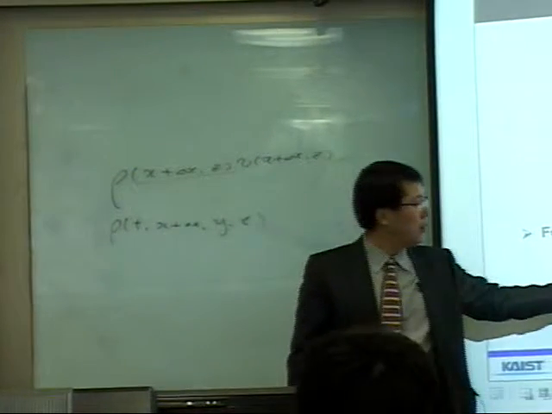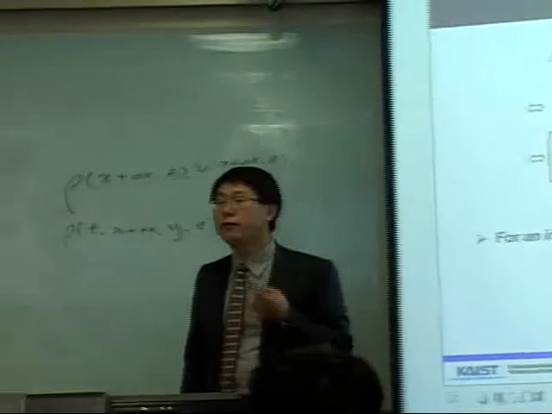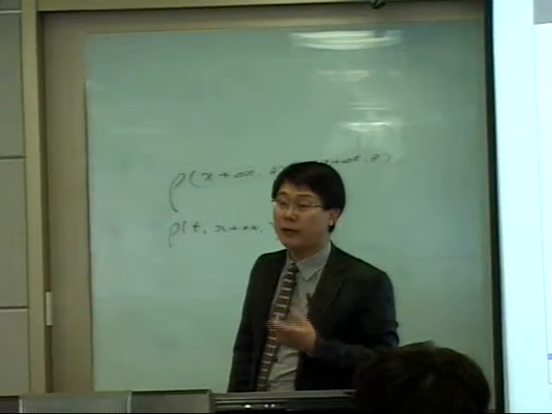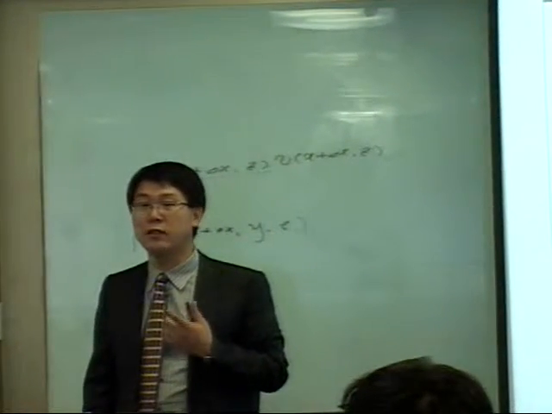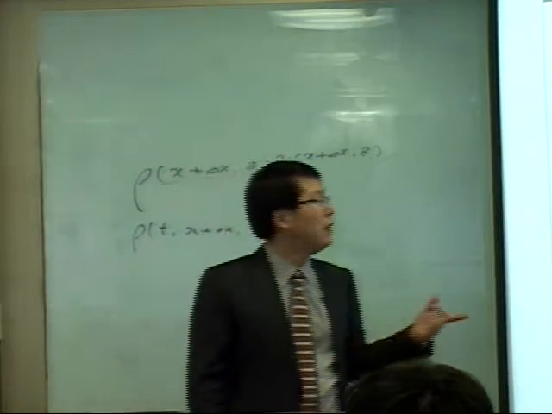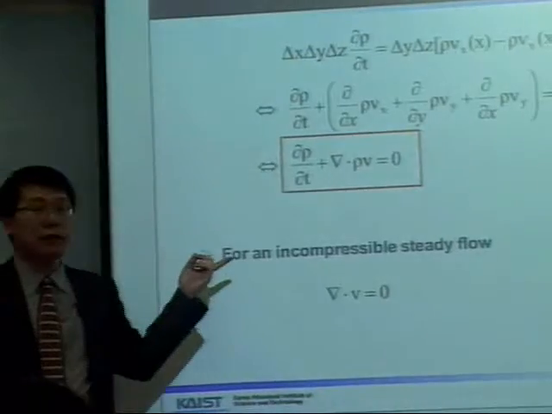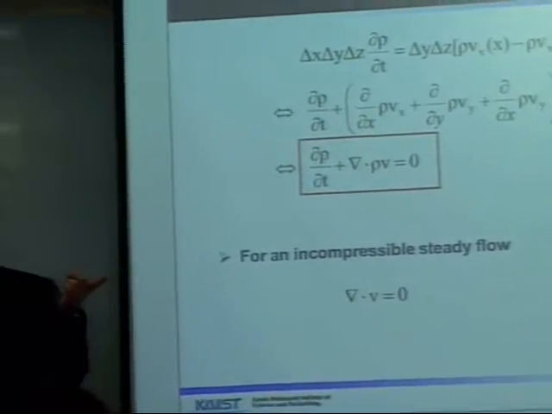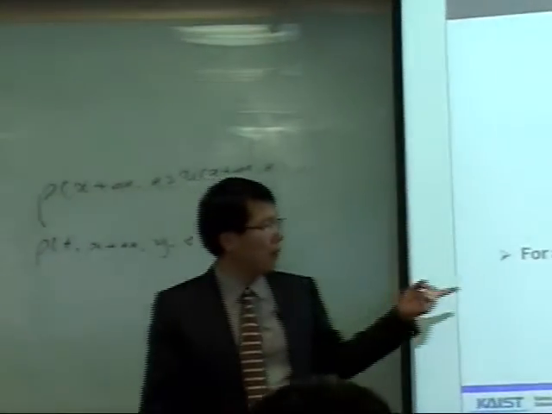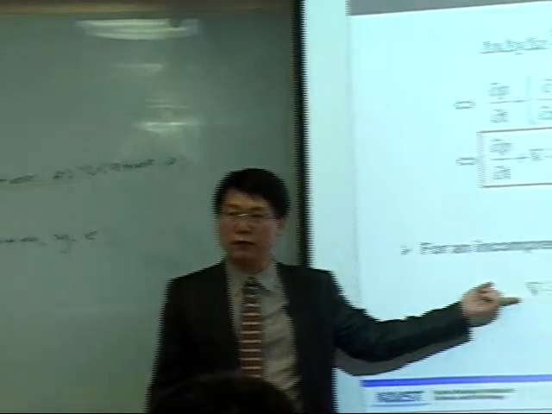So divergence of v, the divergence of the velocity, is equal to 0, as the continuity equation for an incompressible flow. So you may be familiar with this form.